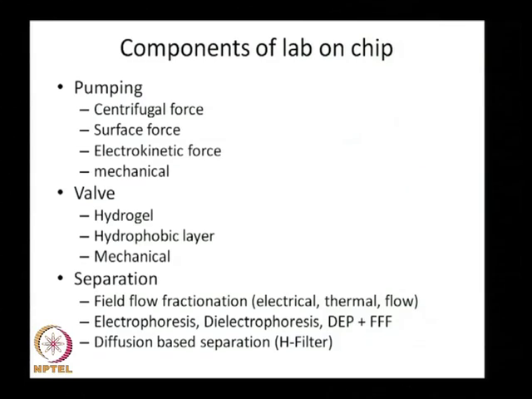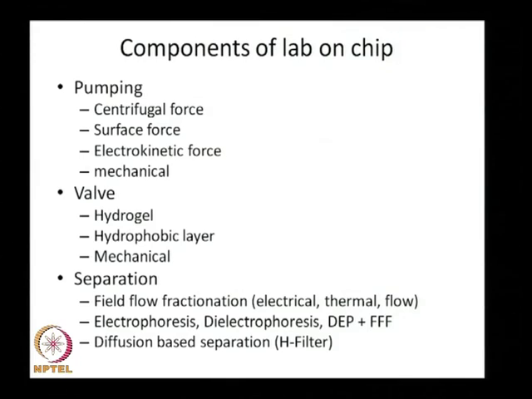Here I briefly identify the components of lab on chip, the components that are there. These components need to be there, otherwise you cannot accomplish the objectives that I mentioned just now.